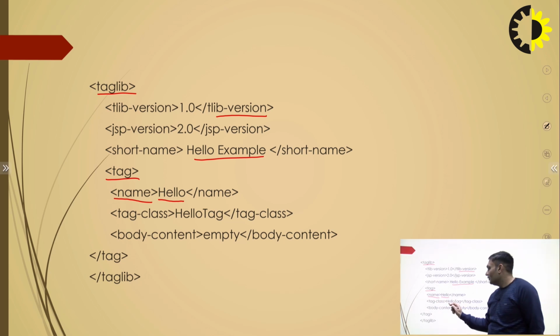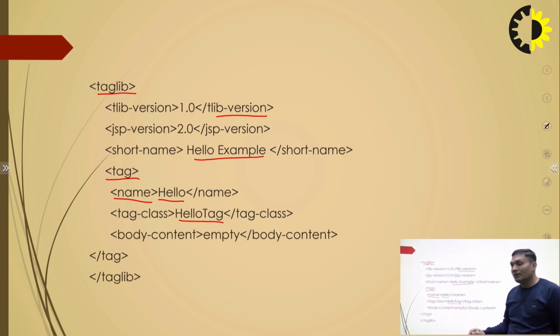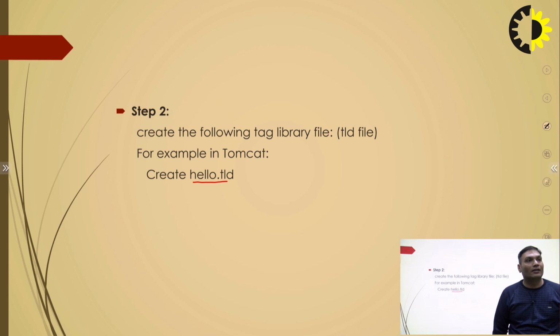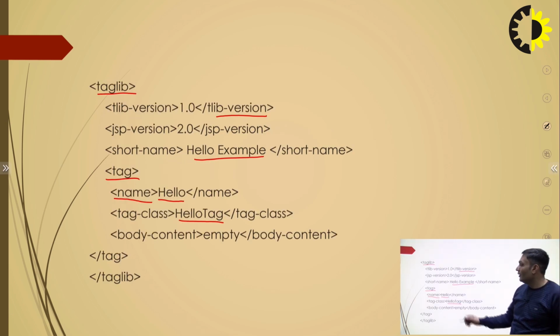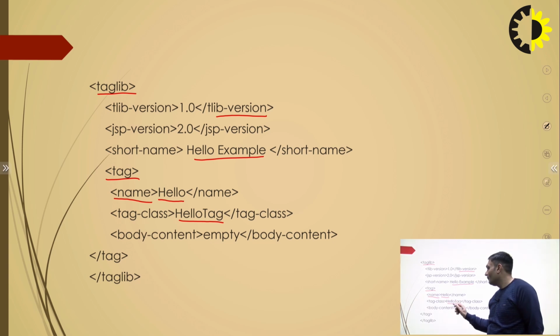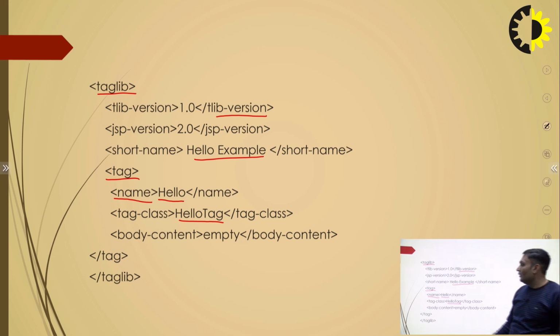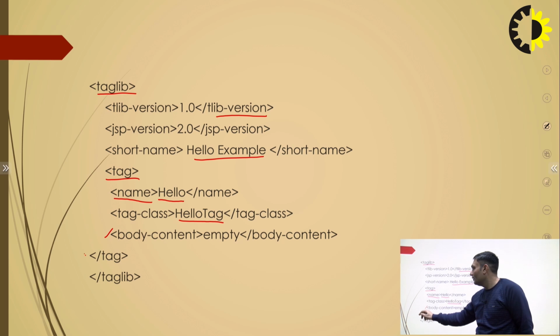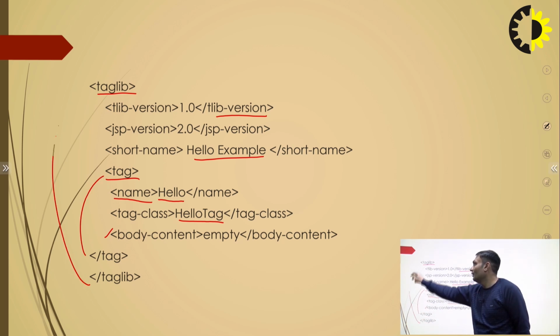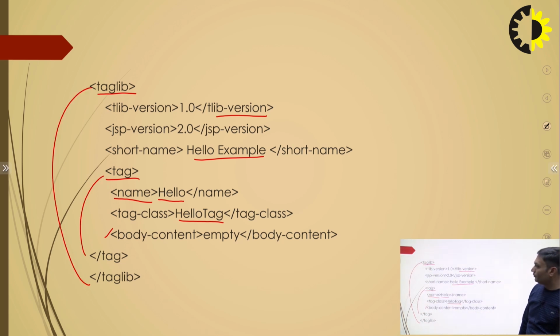Tag class, this is the HelloTag class that we have created earlier in step number 1. So this class will be called here, HelloTag, inside the tag class tag. This is the optional attribute, optional thing, and this tag is closed here. This tag library descriptor is closed here.